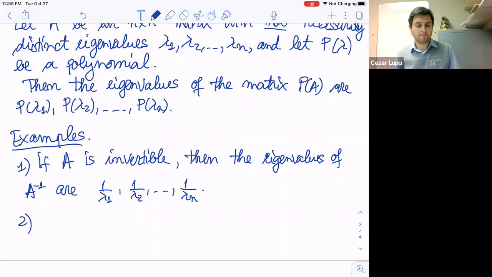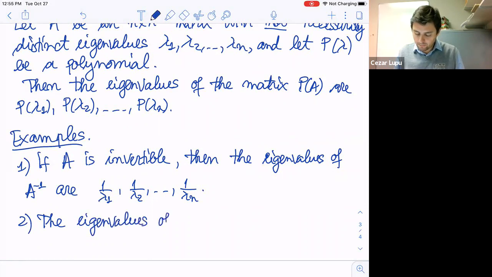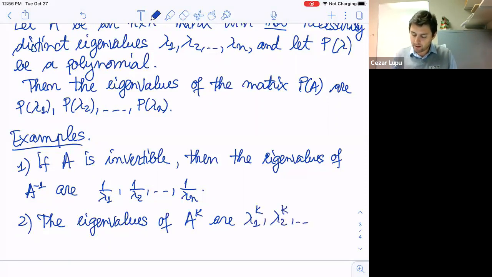For another example, let's say we have this matrix to the power k, so A to the power k. If lambda 1, lambda n are the eigenvalues of A, then the eigenvalues of A to the power k are lambda 1 to the power k, lambda 2 to the power k, and all the way to lambda n to the power k.